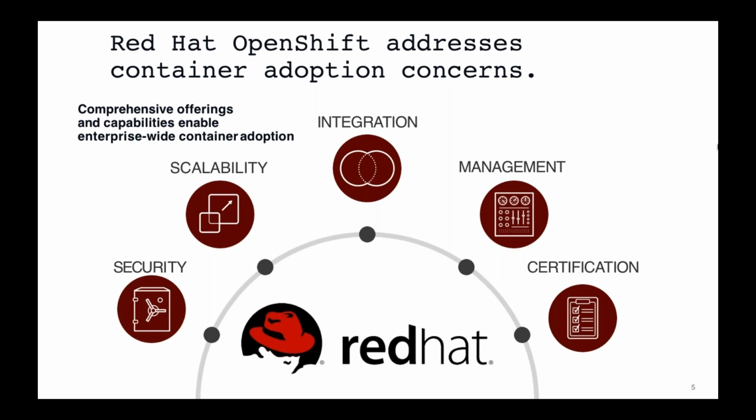So everything that you see on the screen here, from security, integration, management, all of these things are being taken care of by Red Hat, so that you now have a way to get into containers, to get into the orchestration of these often much more scalable environments, with the known confidence that it's going to work, that you have support behind it, and that a lot of the pieces have been well thought through.